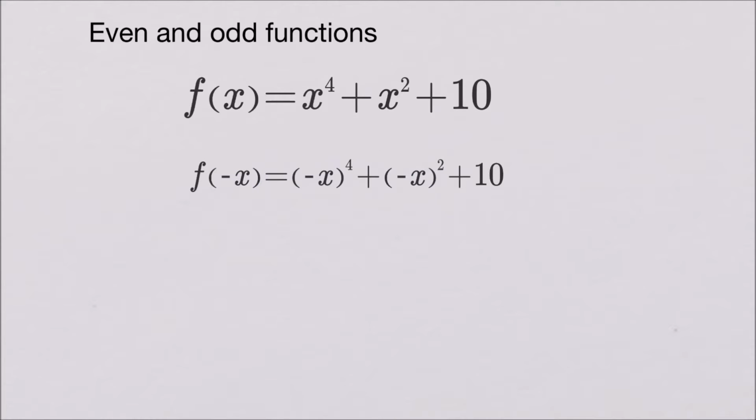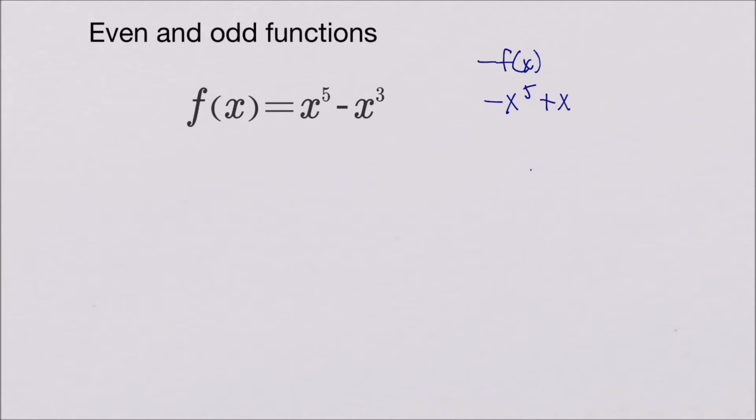Well, we know when you're taking even exponents, the negative sign is going to go away. So this is just equal to the original function that we had. So this equals x to the fourth plus x squared plus 10. And that equals f of x. So this function is even.